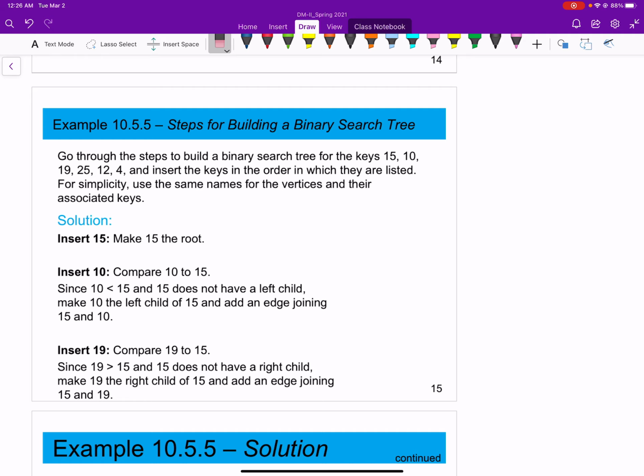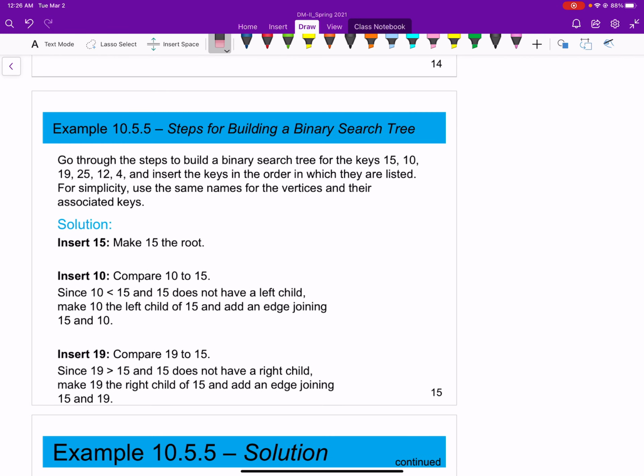Now we are going to discuss another example. Go through the steps to build a binary search tree for the keys 15, 10, 19, 25, 12, and 4, and insert the keys in the order in which they are listed. For simplicity, use the same names for the vertices and their associated keys.